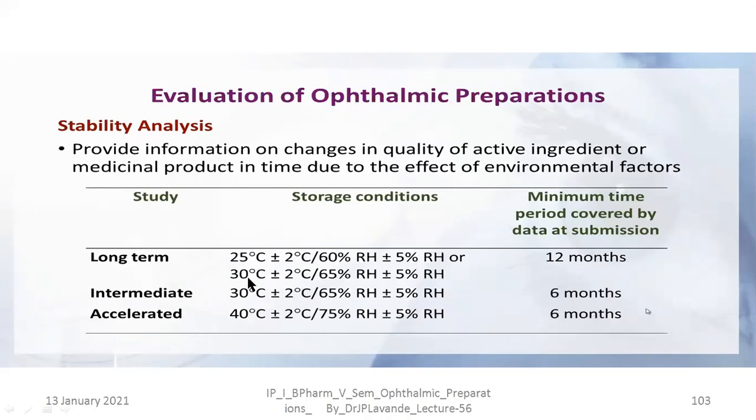In case of the long term, it is to be performed for a period of 12 months, and two different parameter sets can be selected in order to perform the long term stability studies.